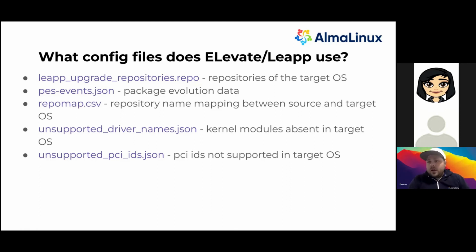And then again, unsupported PCI IDs. Again, this is stuff that was most likely dropped from the Linux kernel, or from whatever the target OS kernel is, for whatever reason. So we just want to make sure that as you go through this process, it'll spit out a warning letting you know that the following stuff will probably not work in the new target OS.